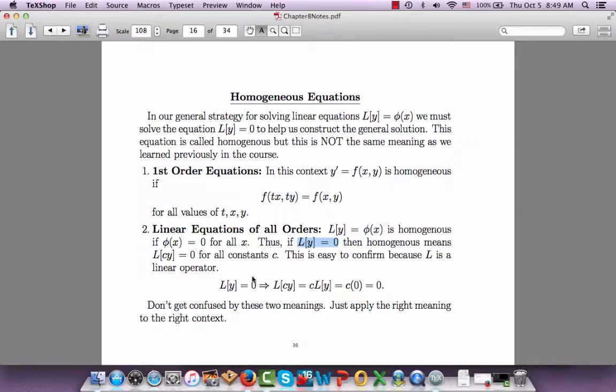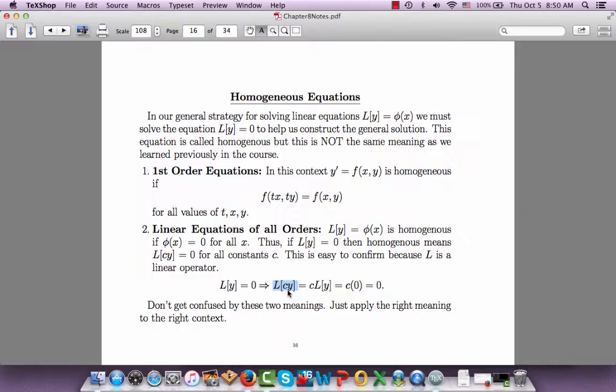So for example, if I find a function y which solves my homogeneous equation, L of y equals 0, then if I plug in, say, 10y, let's just imagine c is the number 10, into my linear differential operator, because it's linear, the 10, or the c, factors out. And I'm left with L of y times c. But L of y, we already know, is 0 because y is a solution. So therefore, we also get another solution by 10y, or c times y. So any constant times y is also a solution. That's what homogeneous means in this second sense of the word.